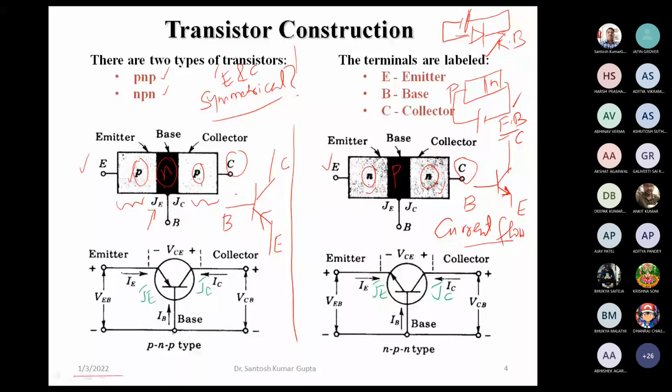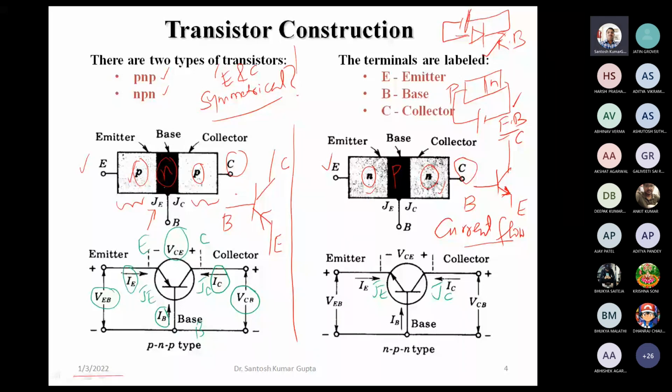The voltage between collector and emitter is called VCE. The voltage between collector and base is called VCB. The current entering into the emitter is IE, the current entering into the collector is IC, and the current entering into the base is called IB.